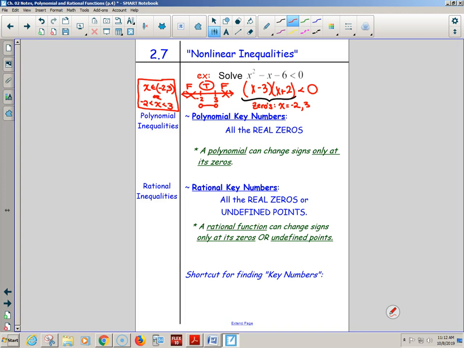And if it helps, the key numbers are going to be the same thing as my number line separators.